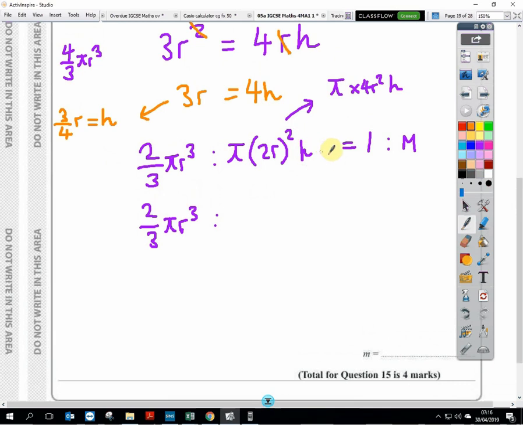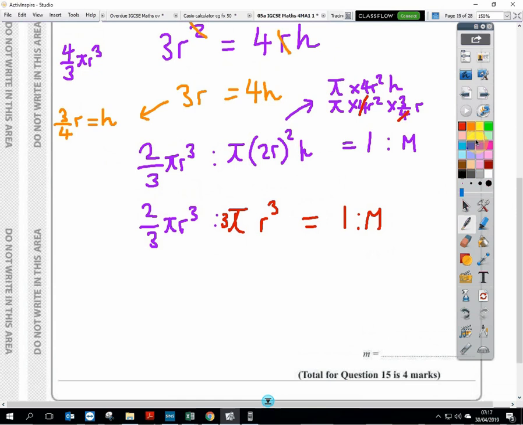So now I can change the h in this to 3/4r. We've got pi times 4r squared times h, which is 3/4r. Now what happens when you simplify all of this? The 4 here cancels with the divide by 4, and you're left with 3 pi r cubed, and that's in the form 1 to m.